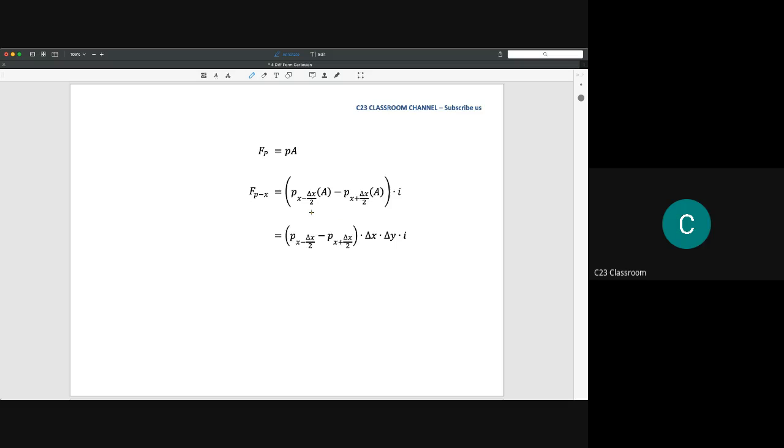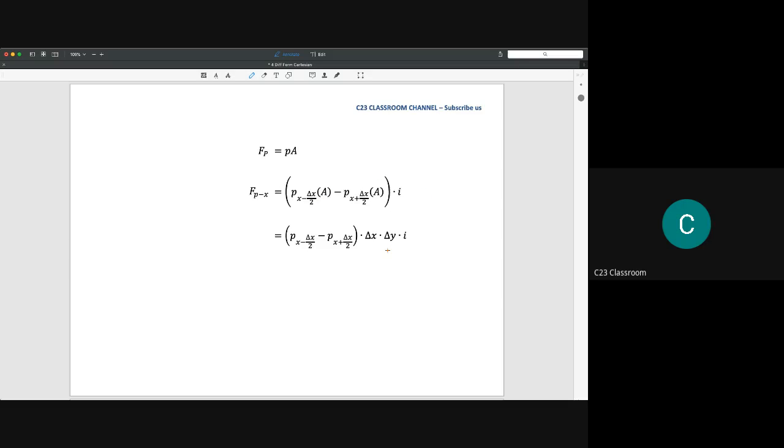We have the pressure from the left-hand side, and then we need to subtract the pressure from the right-hand side, at x plus delta x over 2. Why minus? Because pressure is scalar, but force is vector. So when you have force from right to left, normally we give the negative sign. And then we pull out the value of A, meaning the area.